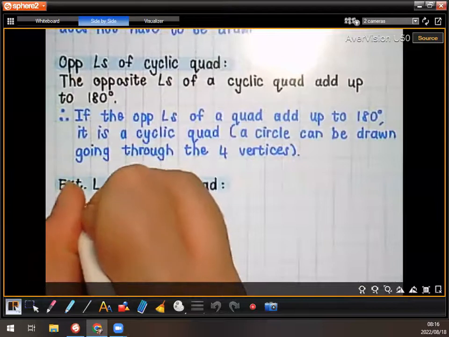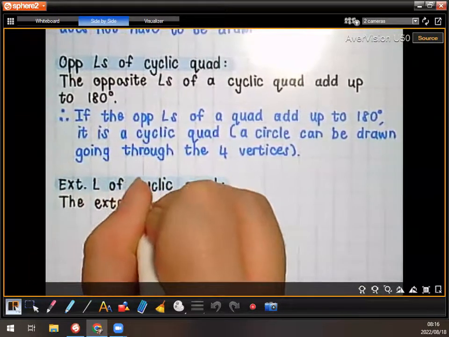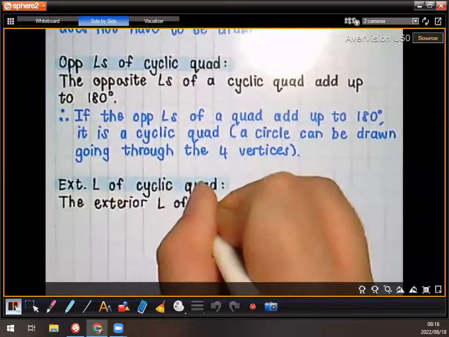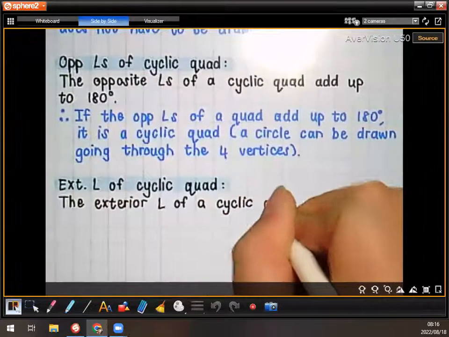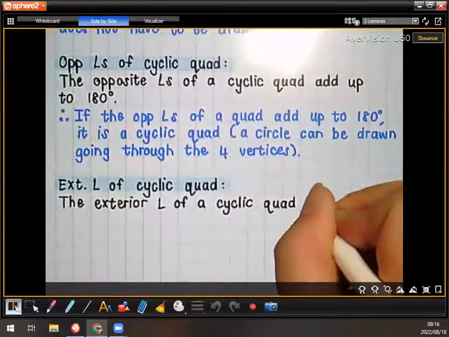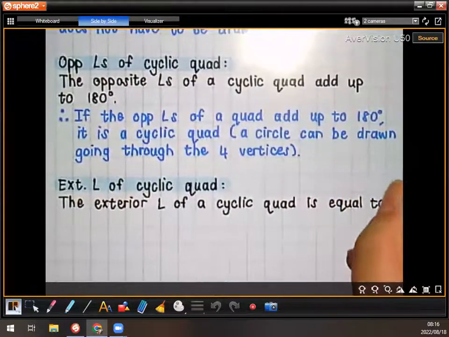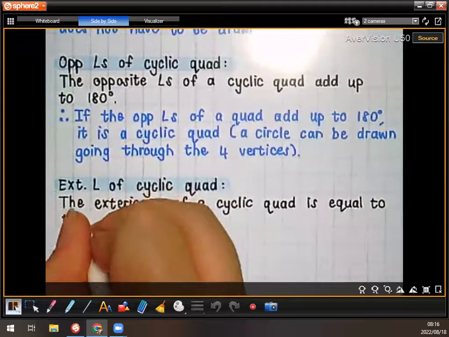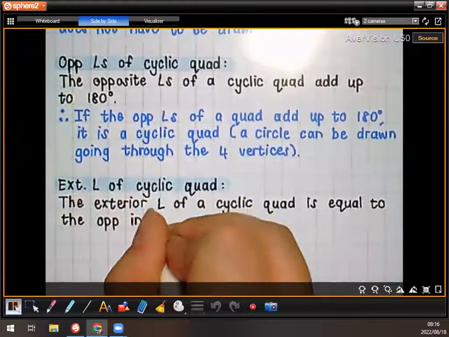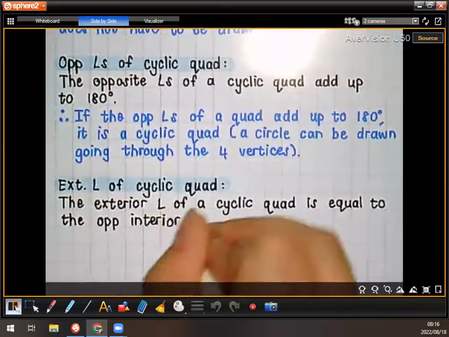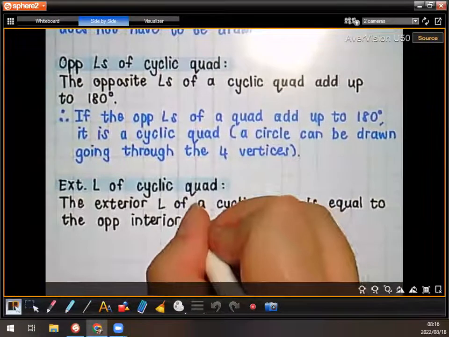Now, what this theorem says is that the exterior angle of a cyclic quad is equal to the opposite interior angle.